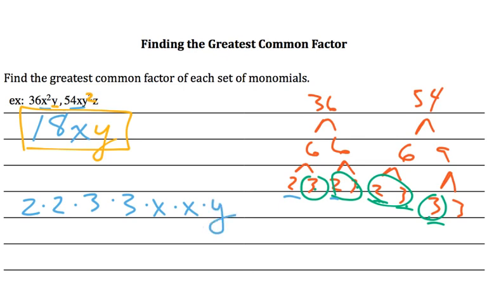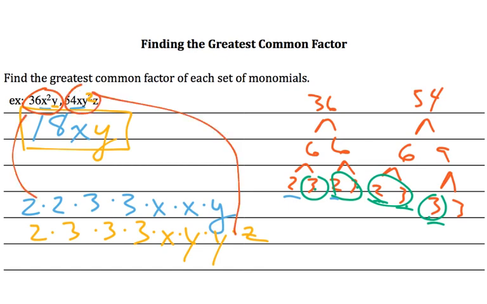Well, the other one, 54x y squared z, would be 2 times 3 times 3 times 3 times x times y times z.